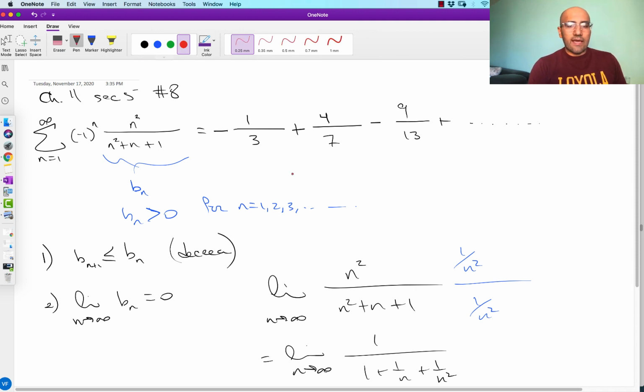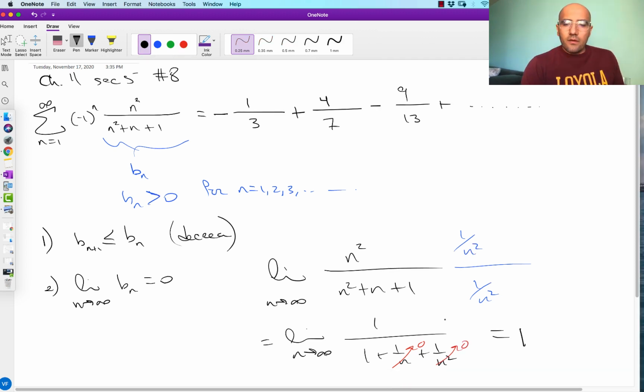And so we see that each one of these is going to go to 0. So this whole limit is going to be equal to 1. Because the limit equals 1 and not 0, as is required by the alternating series test, it already fails this criterion.